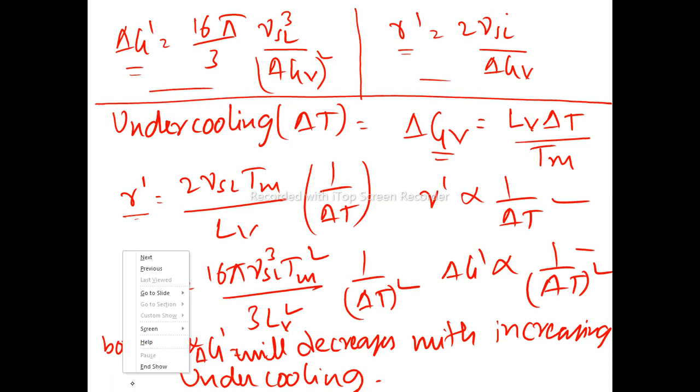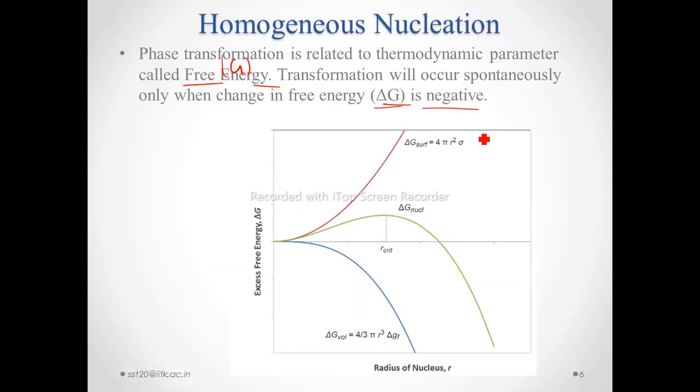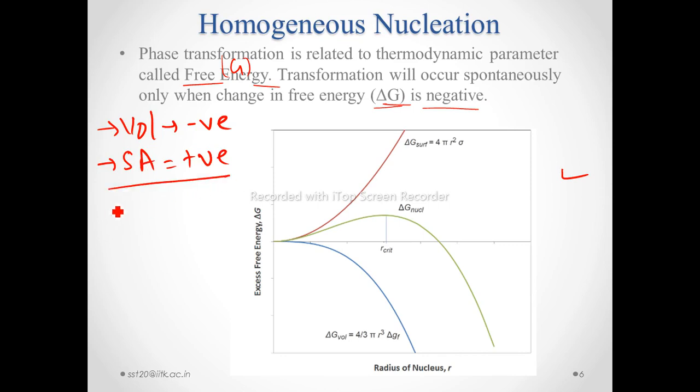Then we will move to this expression, this graph. As I said, volume has a negative effect, whereas surface area has a positive effect on the change in Gibbs free energy.